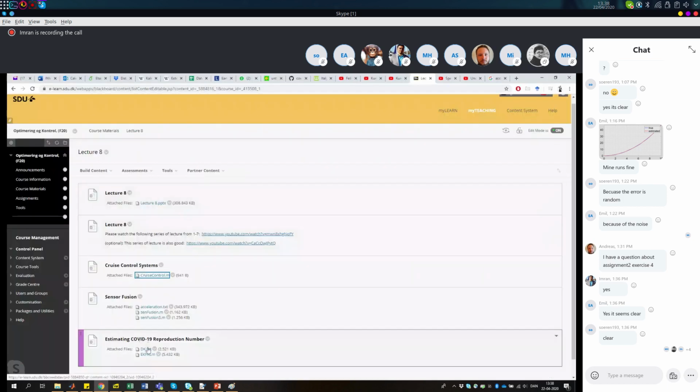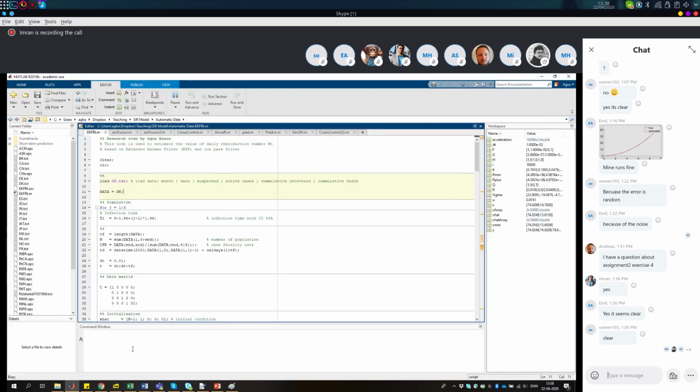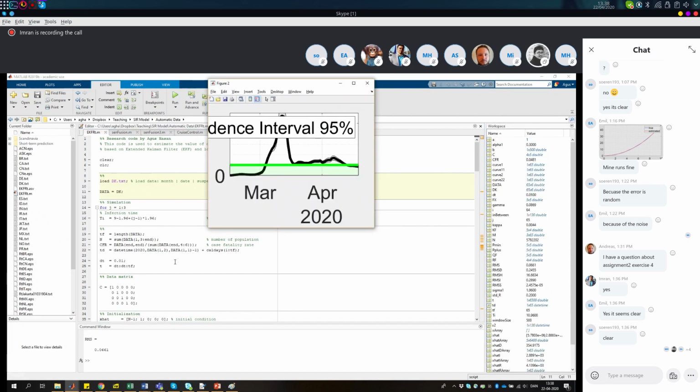If you are interested in this kind of stuff, and following the coronavirus news, then maybe you are familiar with this basic reproduction number. It takes time, but let's see what we get.